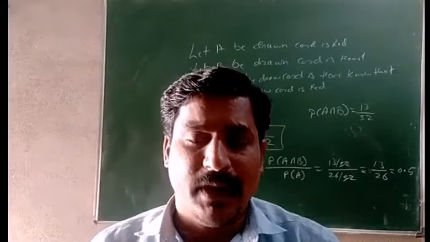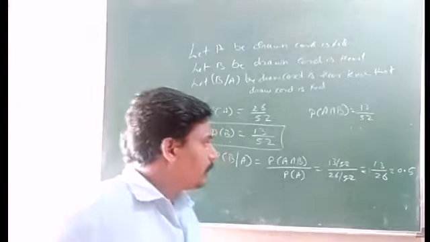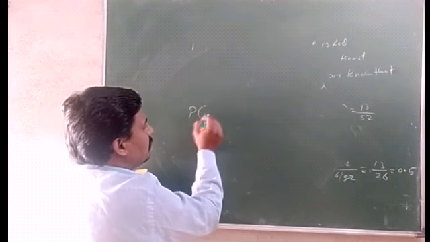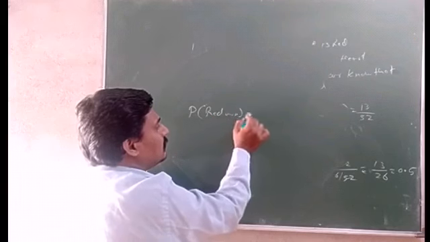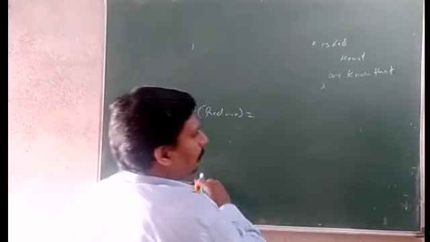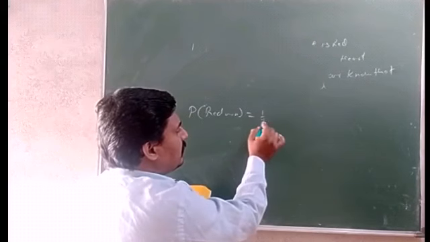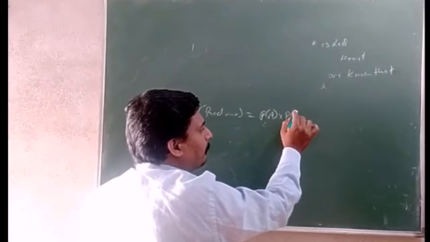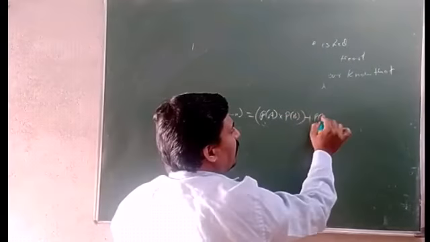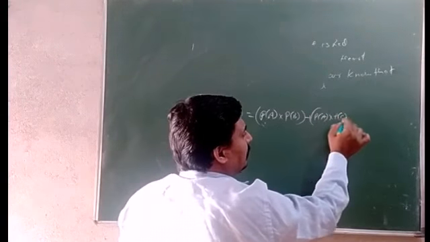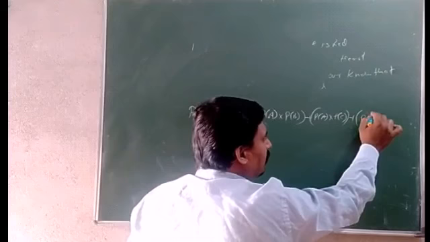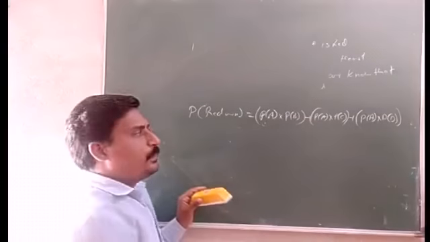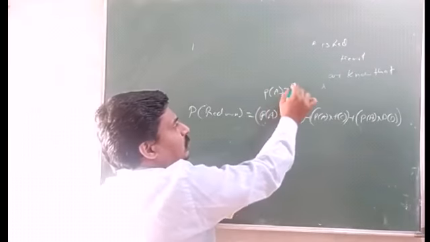So I will write here if you want. Probability of getting a red ball is equal to 1 by 3, that is P of A into P of B, plus P of A into P of C, plus P of A into P of D. So P of A is 1 by 3.